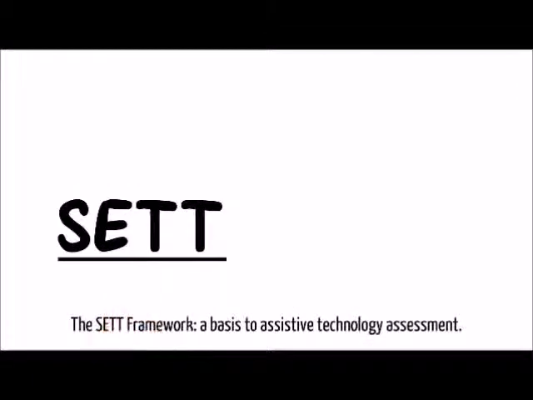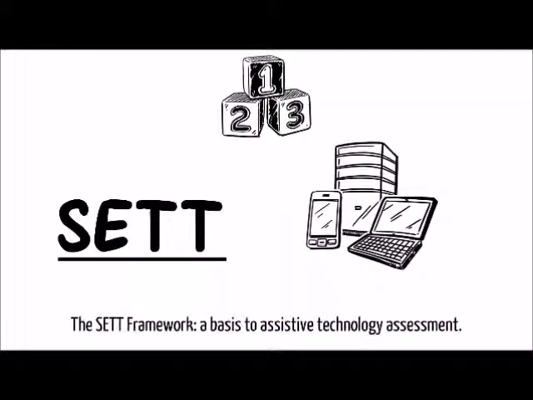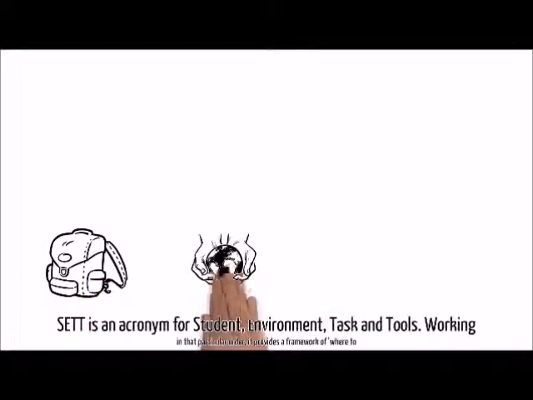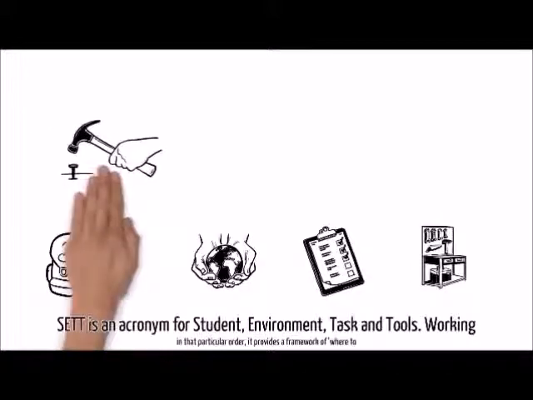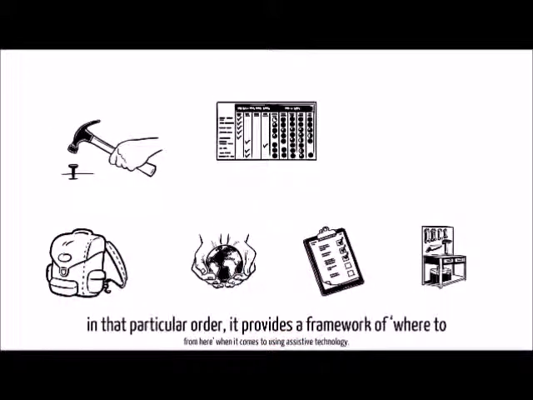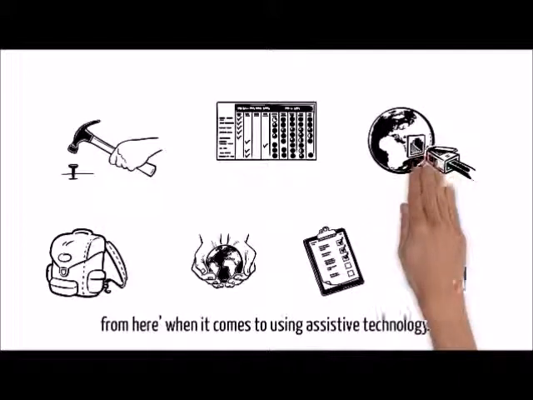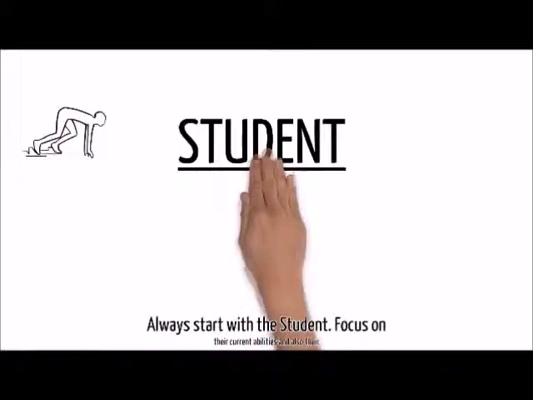The SETT framework, a basis to assistive technology assessment. SETT is an acronym for student, environment, task, and tools. Working in that particular order, it provides a framework of where to from here when it comes to using assistive technology. Always start with the student.